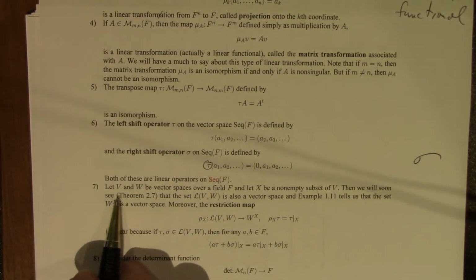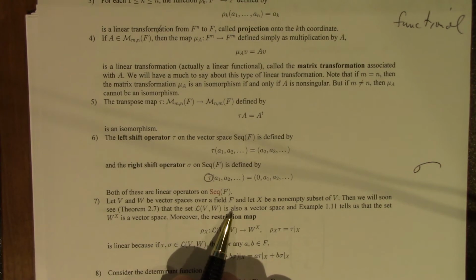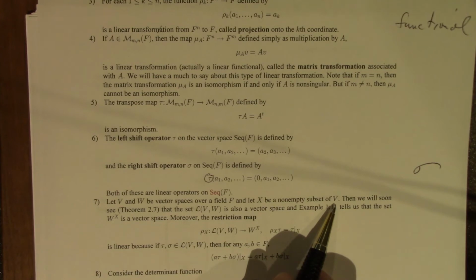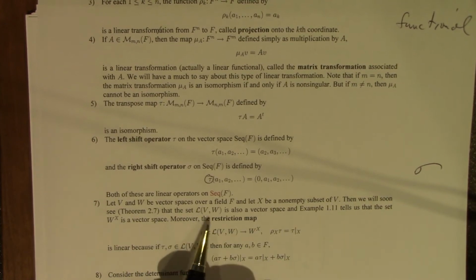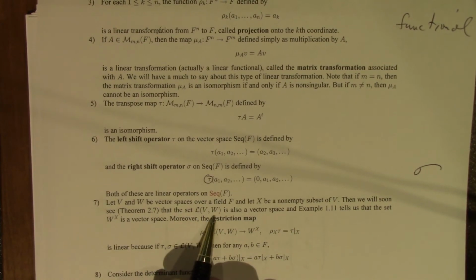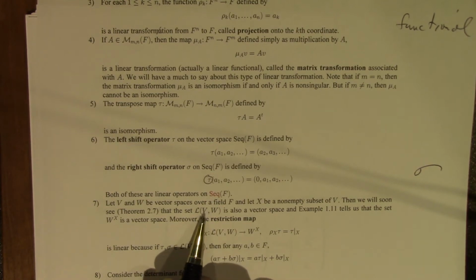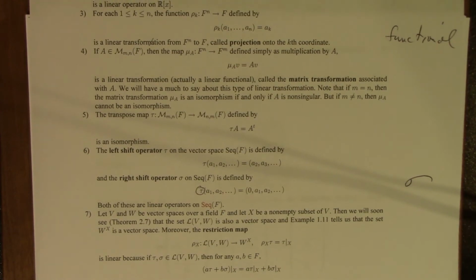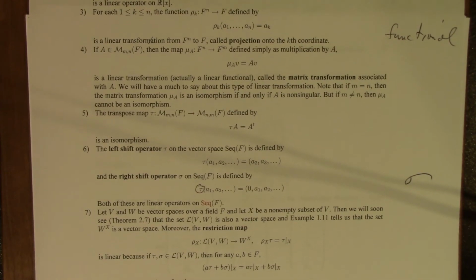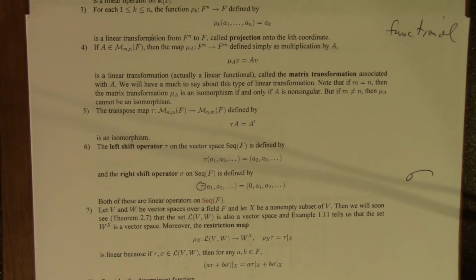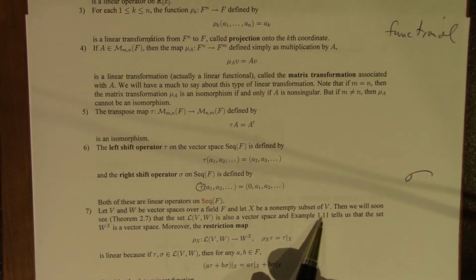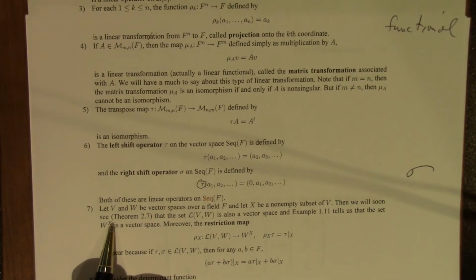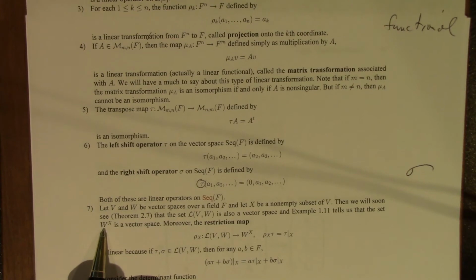Now let's let V and W be vector spaces over a field F, and let X be a non-empty subset of V. We're going to prove soon that the set L of V, W of all linear maps from V to W is a vector space under ordinary addition of functions and scalar multiplication of functions. And we've already seen, example 1.11, that the set of all functions from X to V is a vector space.